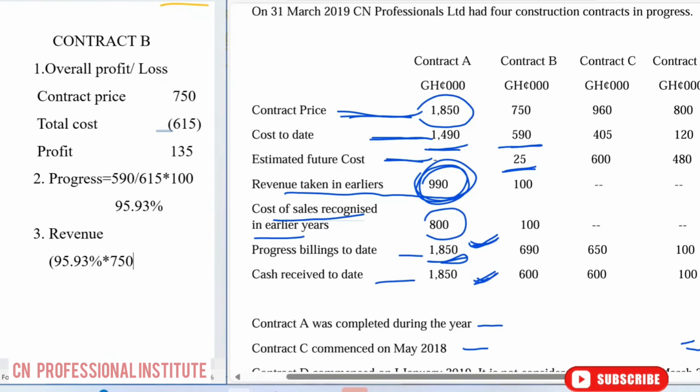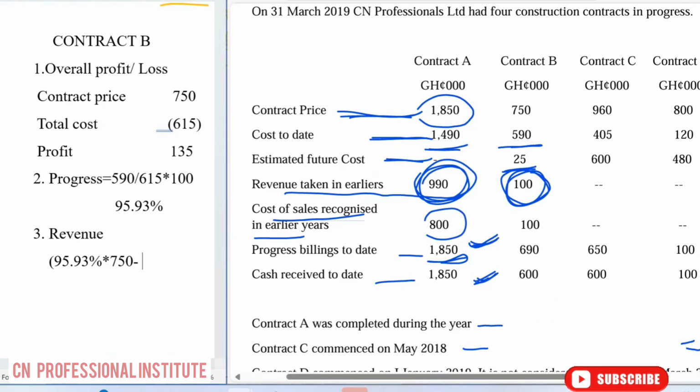750. But we are saying that in B, we had revenue taken in earlier years. So this is not the first time we are recording revenue. They've taken revenue in the previous year, the 100. So we also have to deduct that one. Otherwise you will overestimate the revenue, because the progress rate, 95.93%, is cumulative.